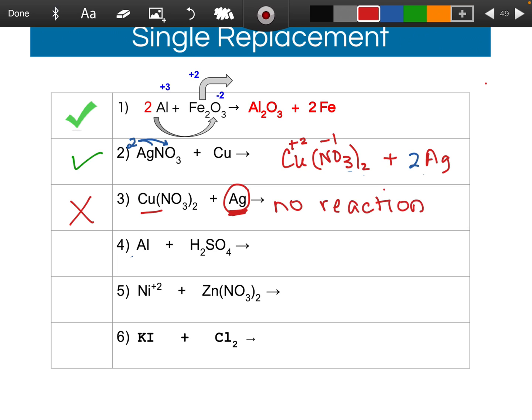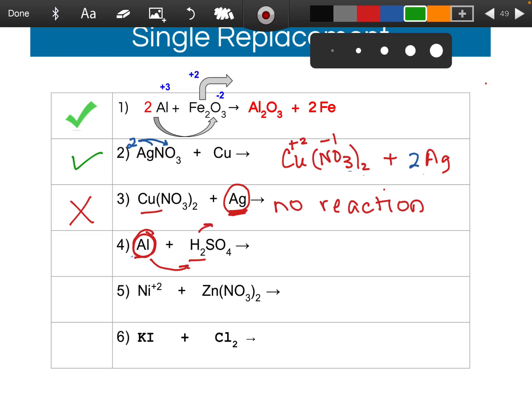All right, number 4, we're comparing aluminum with hydrogen. If you find aluminum on the list, it's closer to the top, where hydrogen is below it. So if the single metal is above the one that it's trying to replace, this reaction will go. So we're going to put a green check mark on the line. And then now we'll have to form our products.